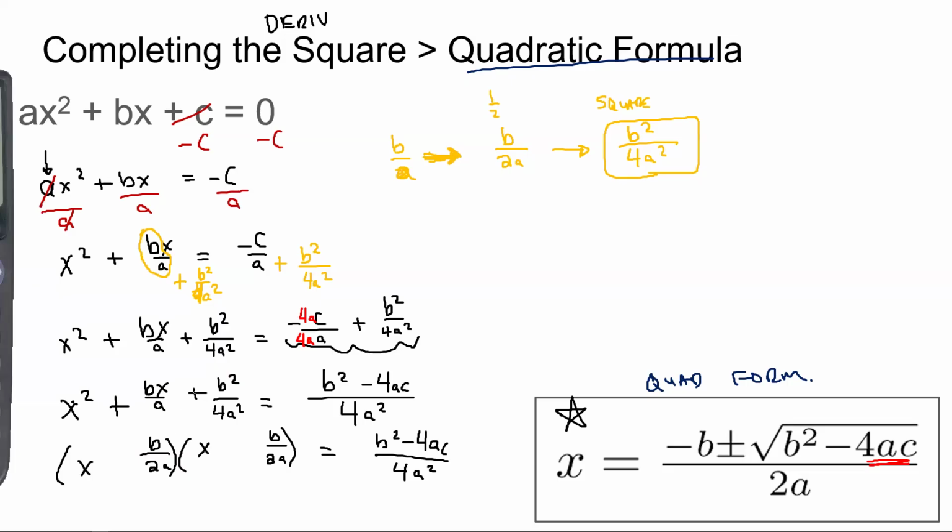And right here, the signs are alike and they're both positive. So I've got this, and there's that perfect square that we were looking for. X plus b over 2a multiplied by itself, or squared, equals all of this stuff. B squared minus 4ac all over 4a squared.